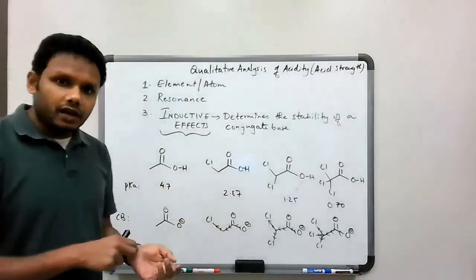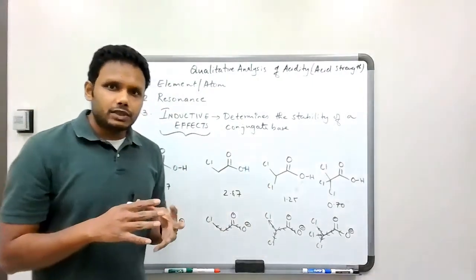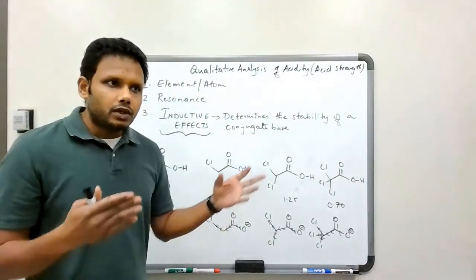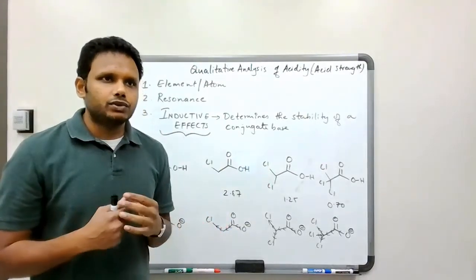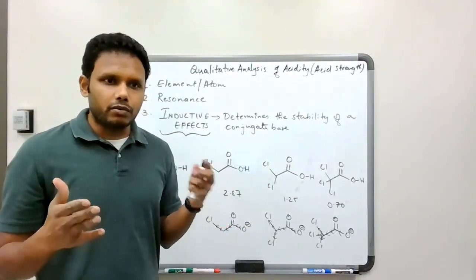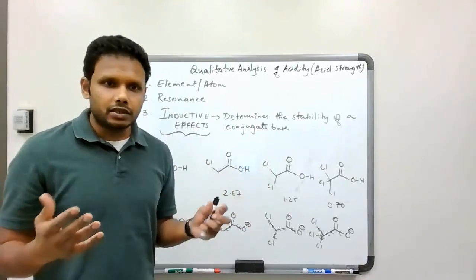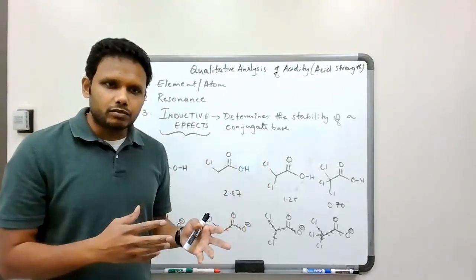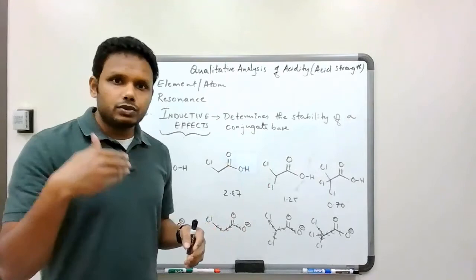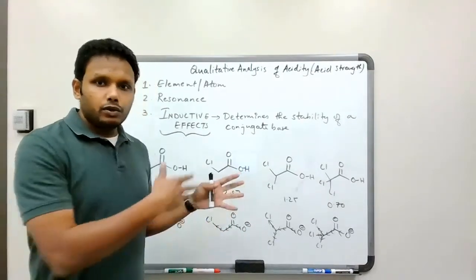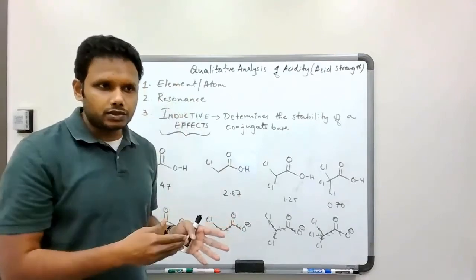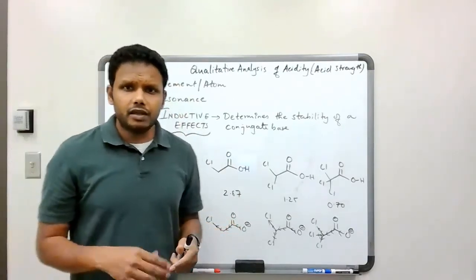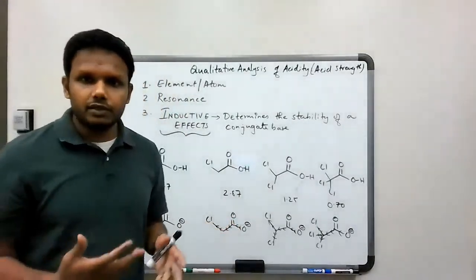But for some of the other effects that we've seen, so for example, resonance, if you go back to that video and compare the pKa values, what you would notice is the pKa drops by about 10 units actually, because there is resonance possible. Or when we go to the element effects, you could notice that in going from a carbon to a nitrogen, the pKa drops by about 14, 15 units, okay?